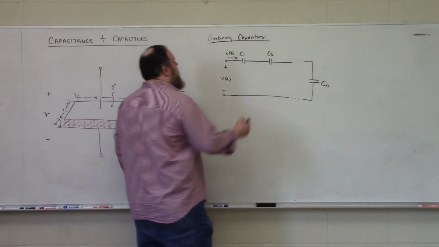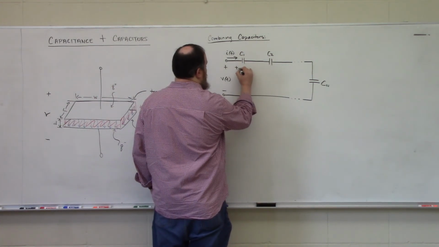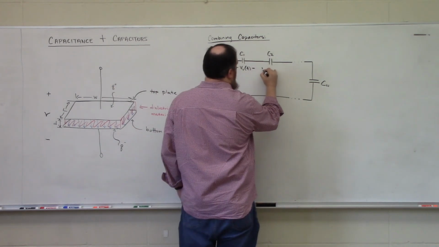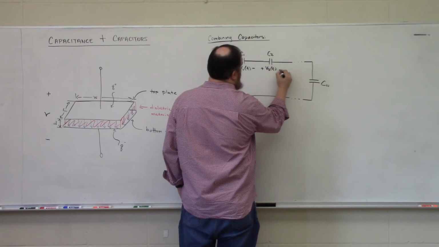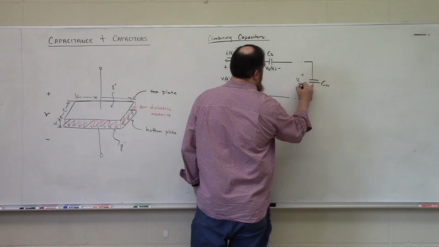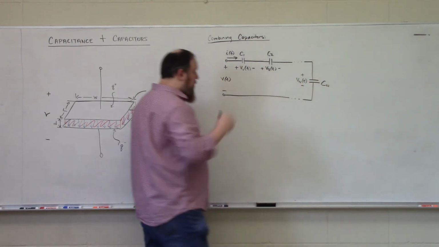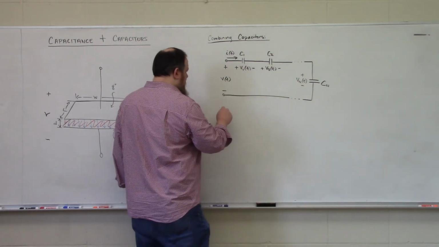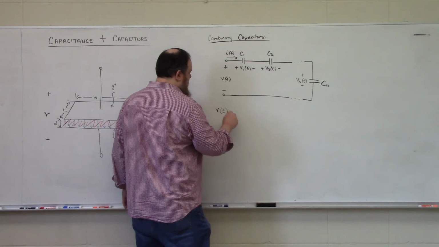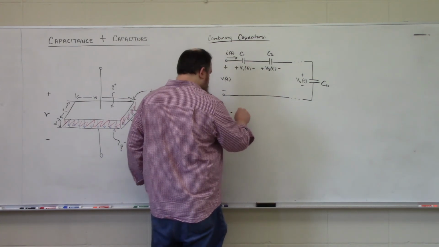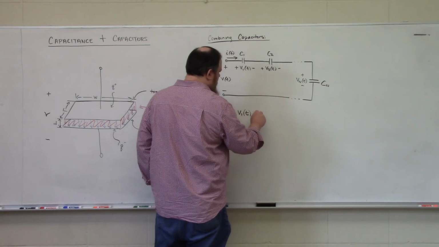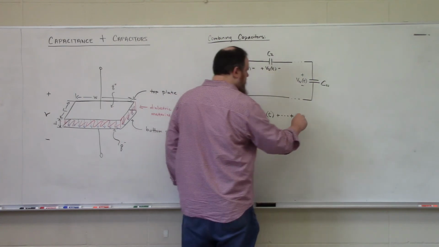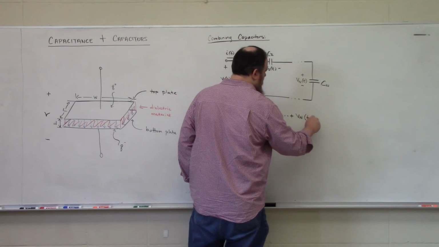So each capacitor will have an associated voltage drop. So this would be V1 of t, this will be V2 of t, all the way out to Vn of t, like so. And if we write a Kirchhoff's voltage law equation around this loop, we find that V of t is equal to V1 of t plus V2 of t plus Vn of t.